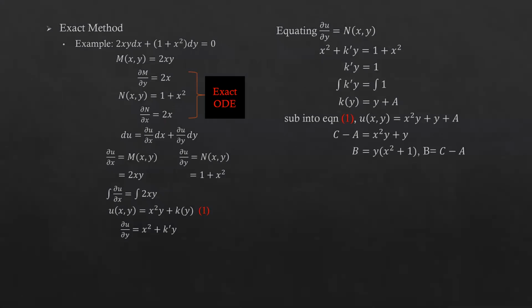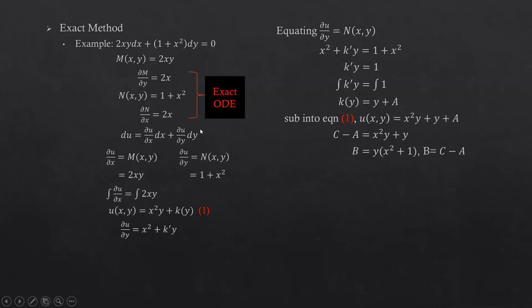The second method is the exact method. For this method, we first need to determine whether the equation is an exact ODE or not. If it is an exact ODE, we just need to substitute all the variables into this equation.